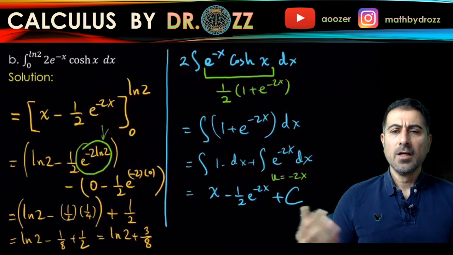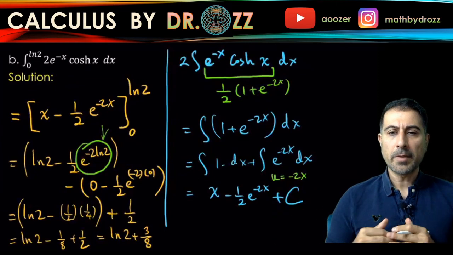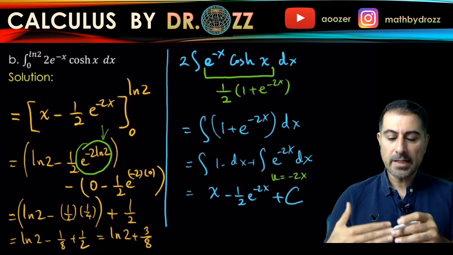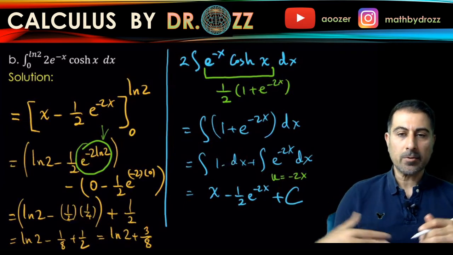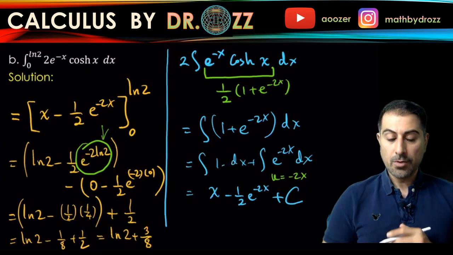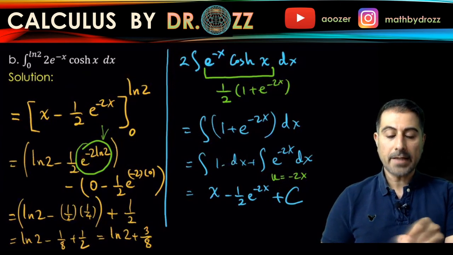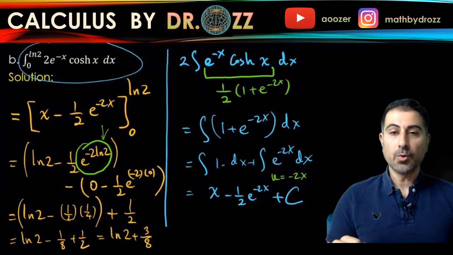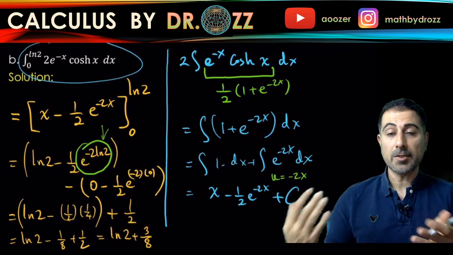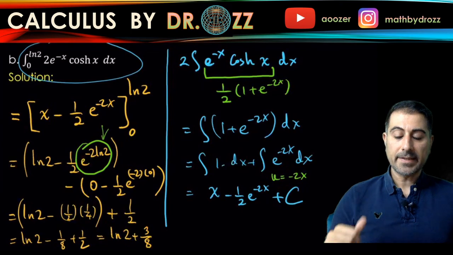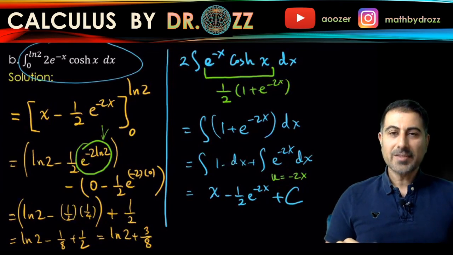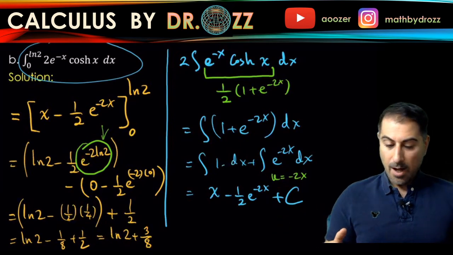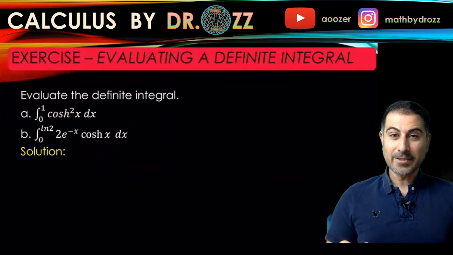In this question, we were not asked anything about the area, but I just wanted you to compare this definite integral calculation to the area calculation, because at the end of the day, you are going through this calculation to find that area, if the question was asking about the area between the curve and the x-axis. Anyway, this takes care of part B. So we're done with part B. I think that ends the whole video and whole exercise.